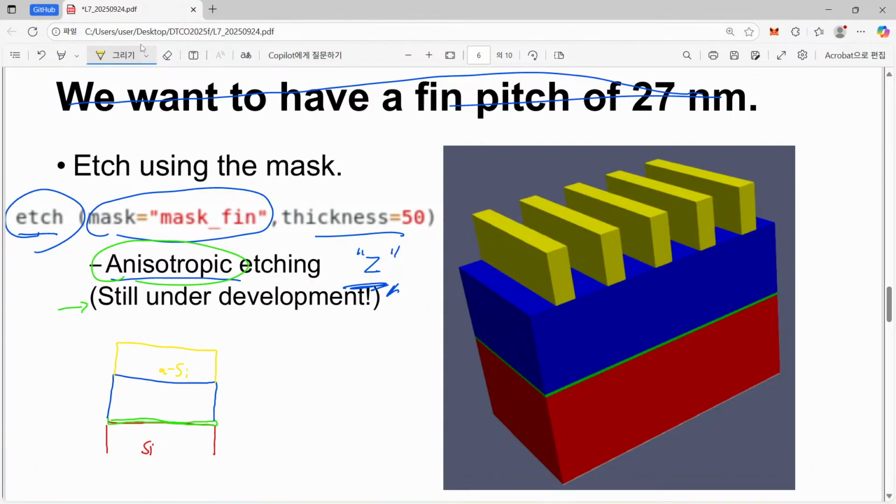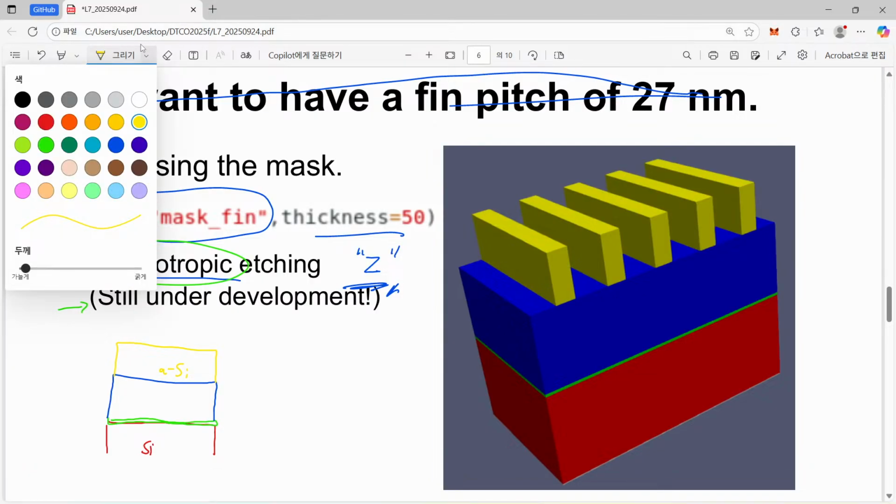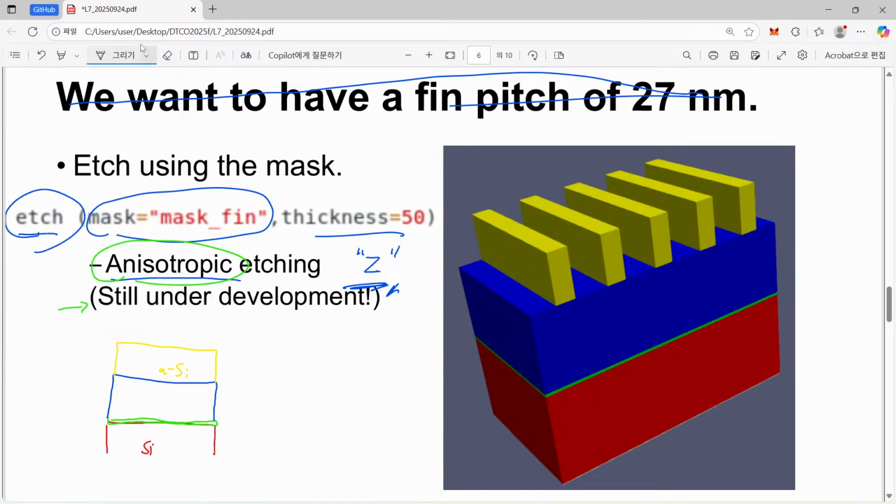So what we have to do, in reality, is make another layer of photoresist and expose it to certain patterning. Say that now this part is exposed, and this part is also exposed, and this part is also exposed.